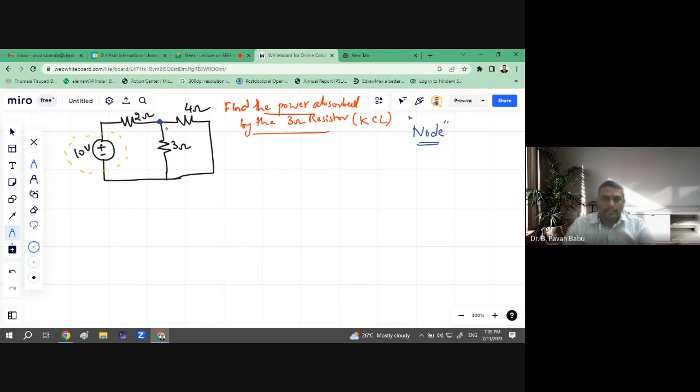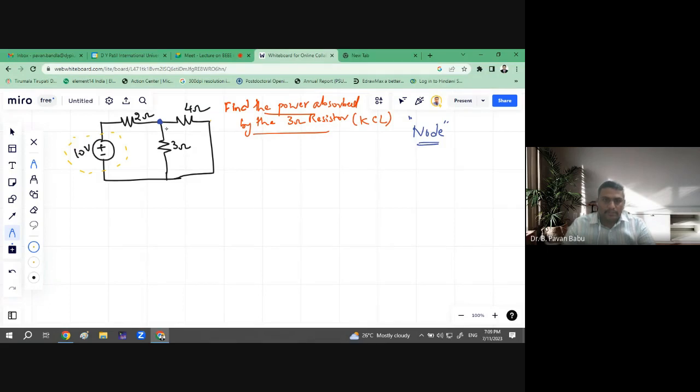Coming to the next junction, there are more than two elements, so I can consider it as a node. Next, for this 4 ohm resistor, there is a single element, so it cannot be considered a branch element junction, and hence not a node.